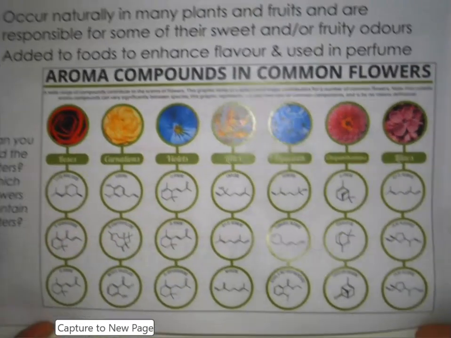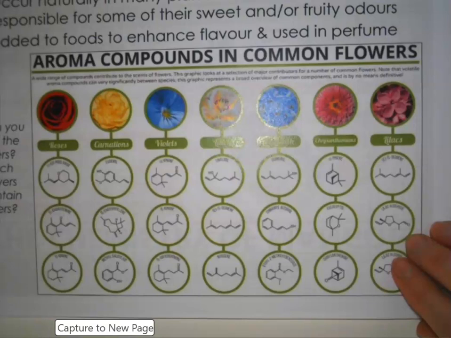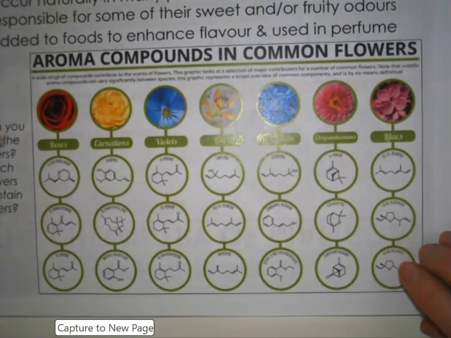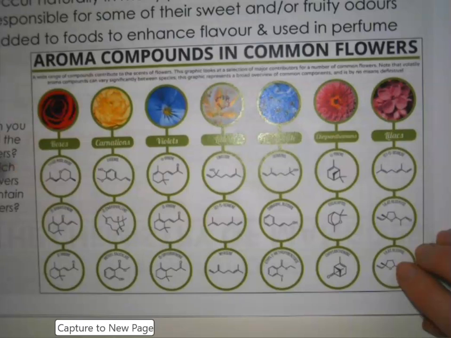Now in this picture here, we have aroma compounds in common flowers, and just like we did with the carboxylic acids, it's really good practice to be able to identify which of these compounds are esters. And then the second question is just which flowers contain esters, which is just kind of for fun.